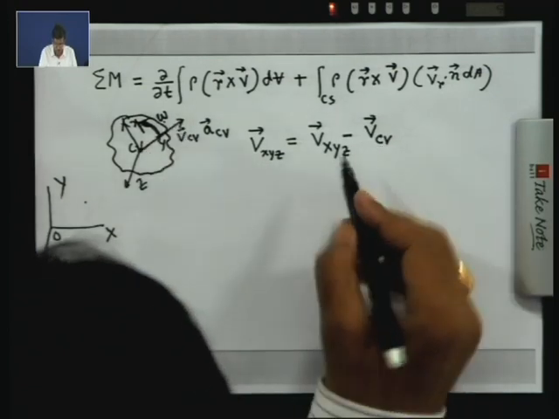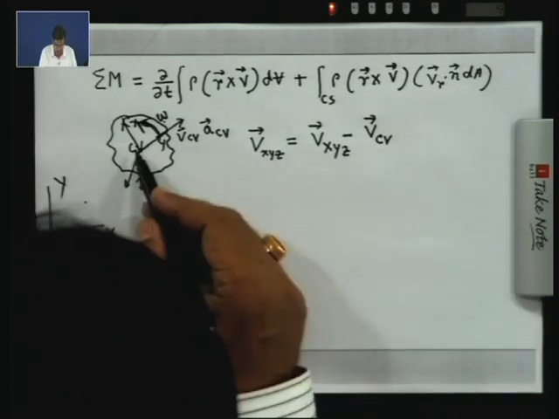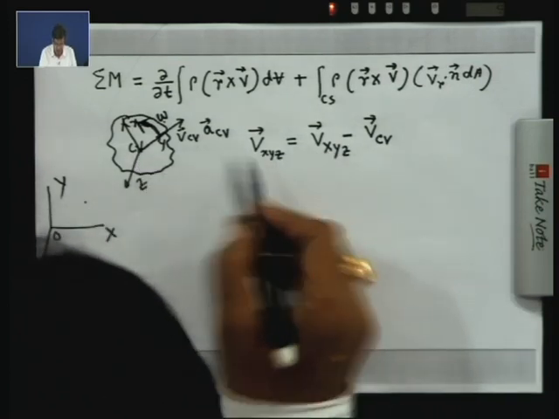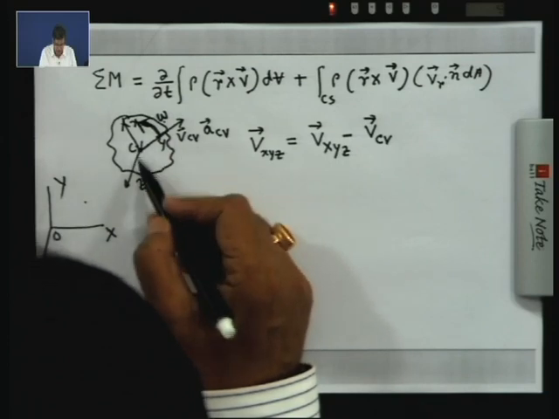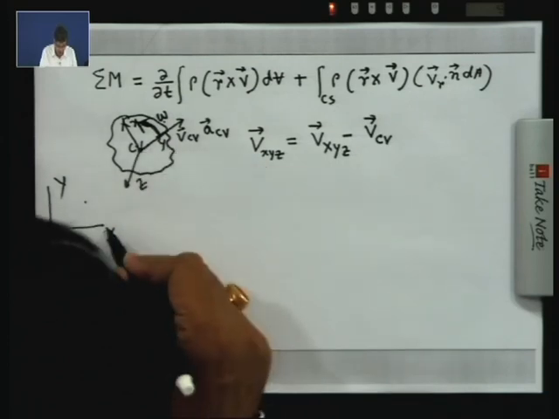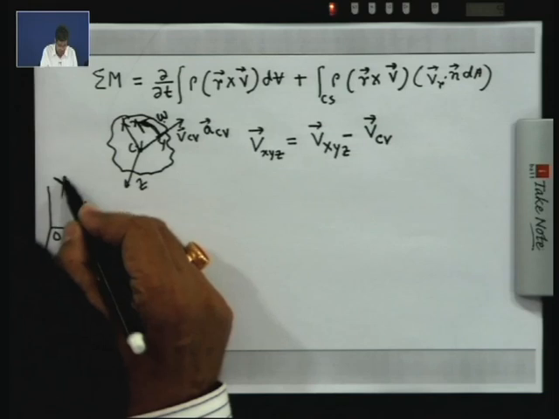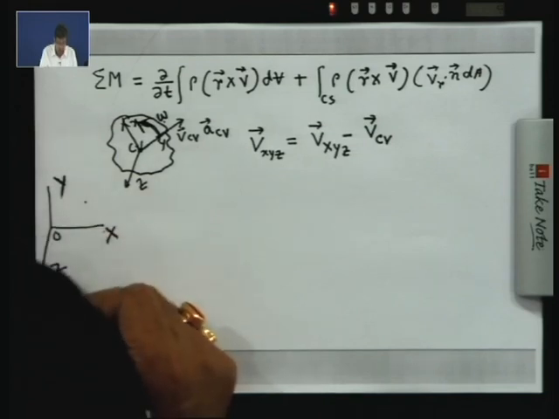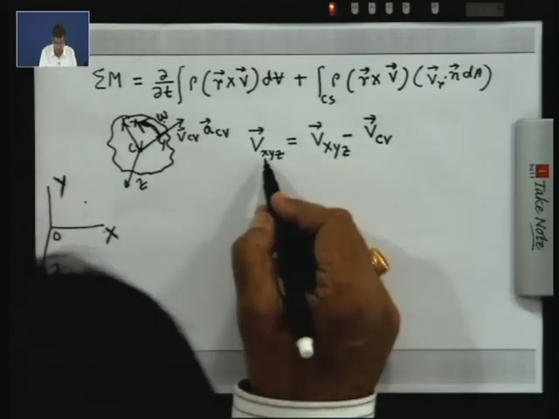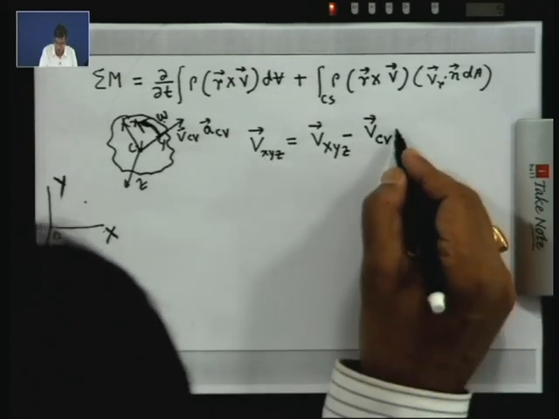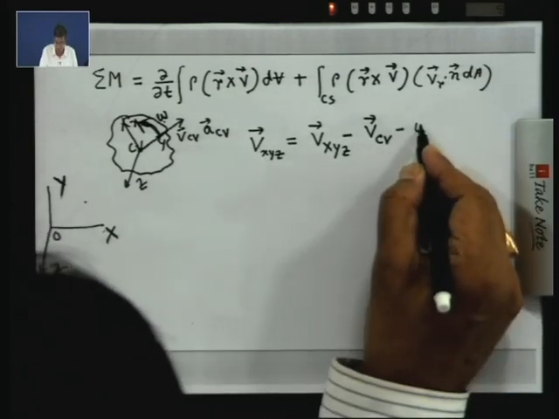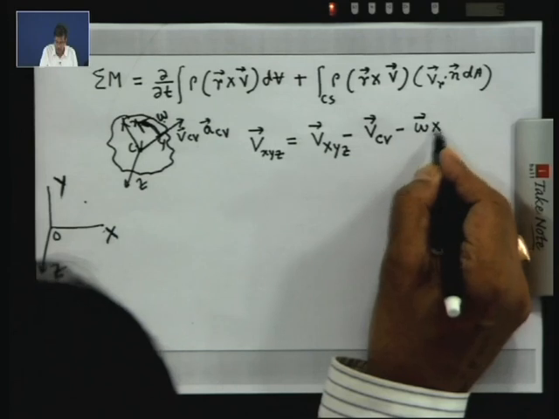And this small x, y, z is our relative velocity, that is the velocity described in this frame of reference, while big X, Y, Z is the static, inertial frame of reference. This is the relative velocity with respect to the control volume, minus omega cross r.